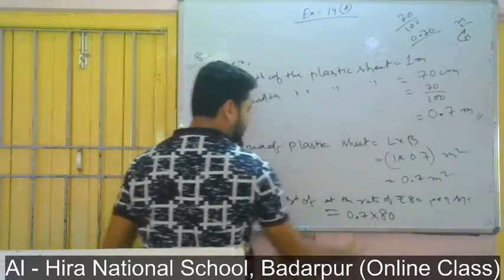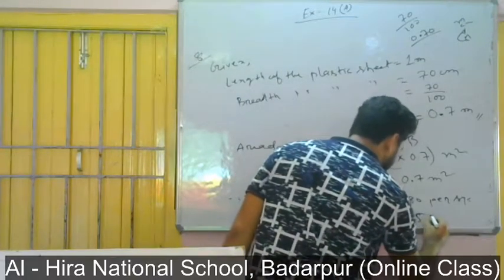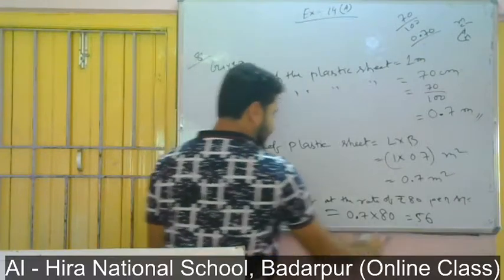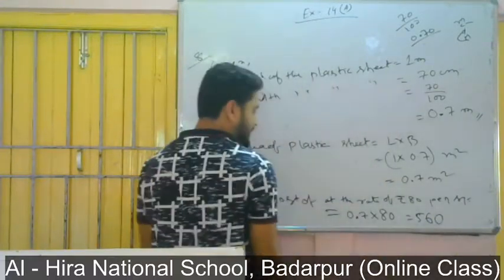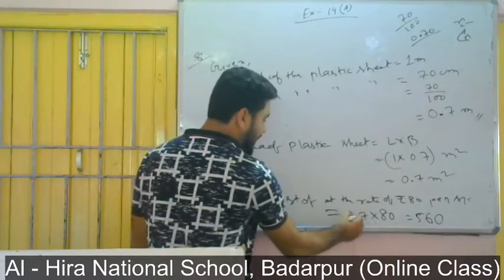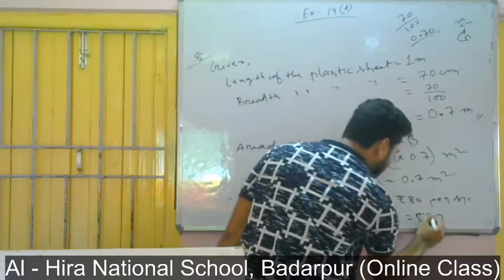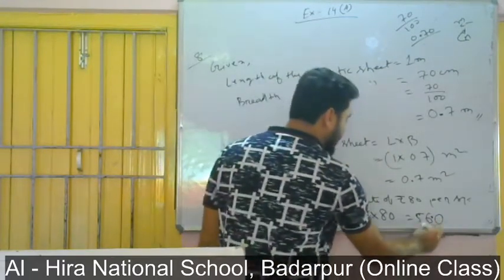You see 8 into 7 is 56. Then 1 zero is there, so we put 1 zero. But you see 1 point is there, that is 0.7, so the point will come here before 0. So 56.0.